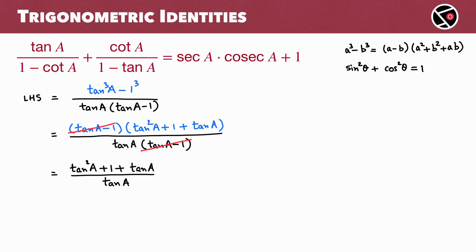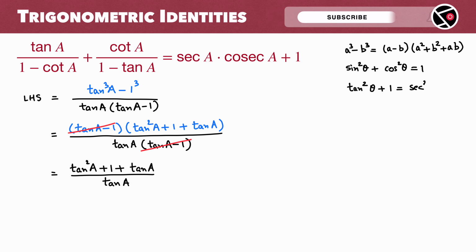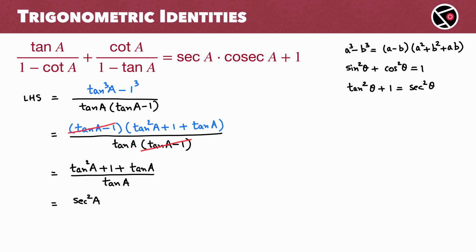now we apply this identity. Tan square theta plus 1 equals sec square theta. So tan square A plus 1 becomes sec square A plus tan A over tan A. Let me now split this expression into two parts.